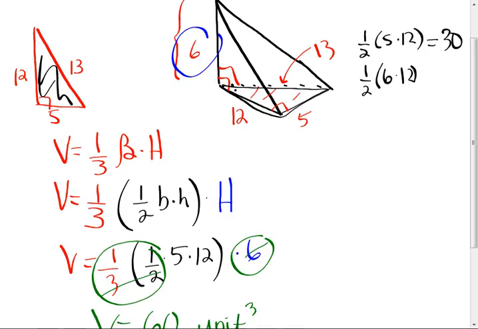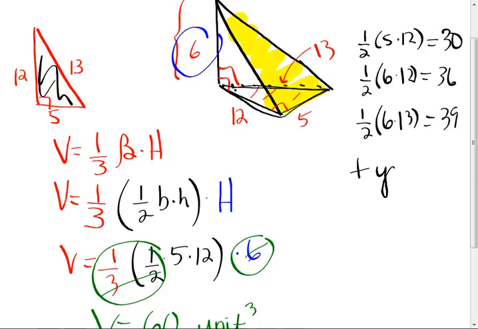And I could do the back one, which is 1/2 of 6 times 13. The one I can't do, because I don't have enough information, is that face. But that's what I would add up with it. So this is 36. This is 39 plus the yellow. But I'll give you enough information so you could do it. We could go back to lesson 2, because lesson 2 was surface area.